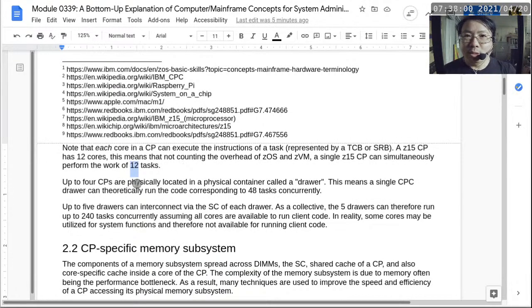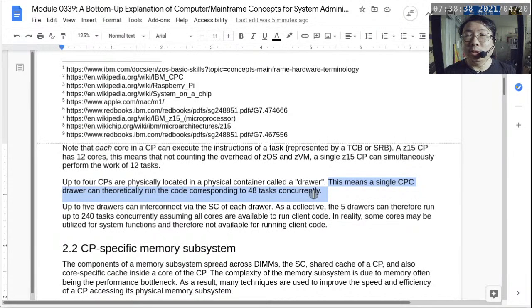Up to 4 CPs are physically located in a physical container called a drawer, and we talked about this term earlier already. So that means a single CPC drawer, because it has 4 times 12, can run the code corresponding to 48 tasks concurrently. 48 tasks is a lot because one job is typically one single task, and then one subsystem can also be seen as, well, I shouldn't say it's one single task because it depends on the subsystem that we are talking about.